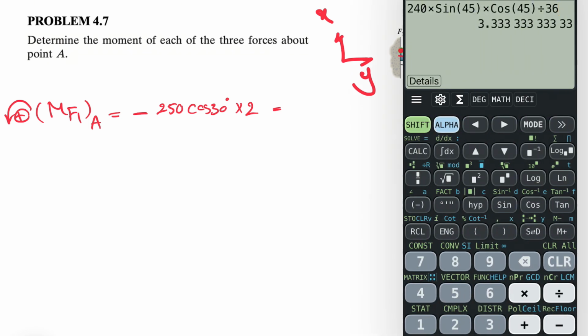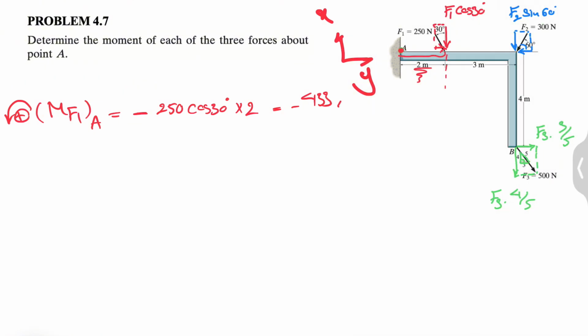Let's calculate this. 500 cosine of 30, that's going to be minus 433, and the forces that we have are in Newton, and the distance is in meter. So that's the first moment. Let's move on to the second one, or F2. Again, the x component, no moment.